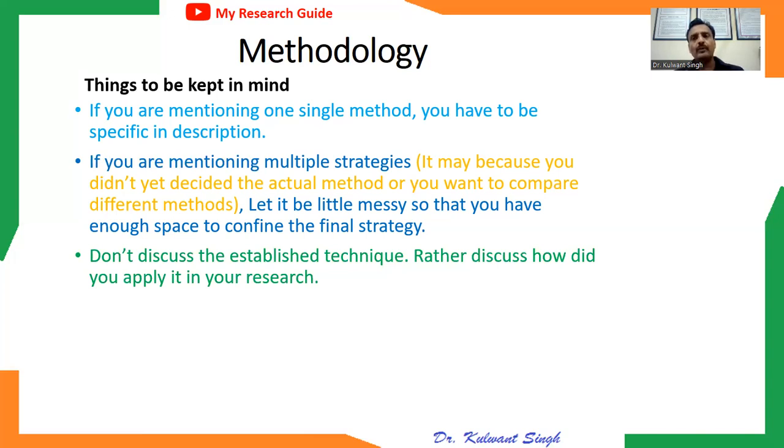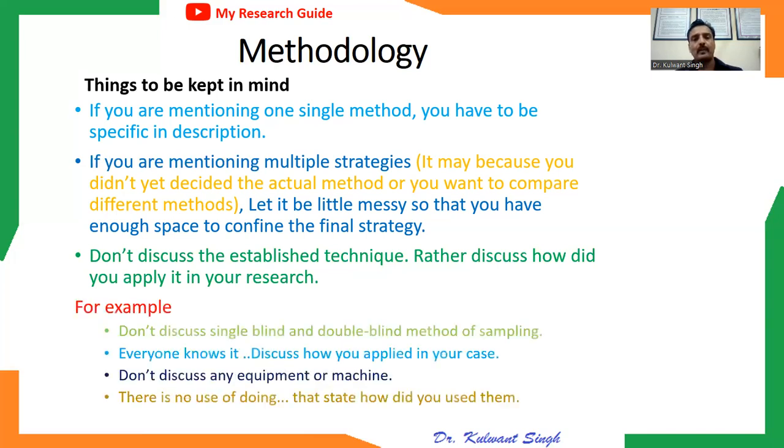There is no need to discuss such things in the methodology. Just discuss how you are applying that particular method or technique in your research. For example, do not discuss single blind or double blind methods of sampling. Everyone knows about it. Just discuss how you are applying that particular method in your study.